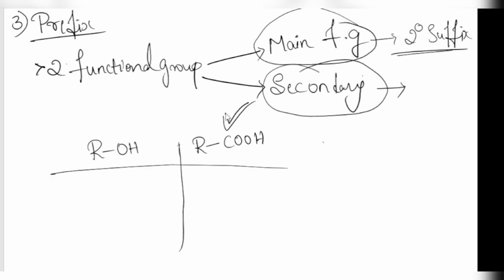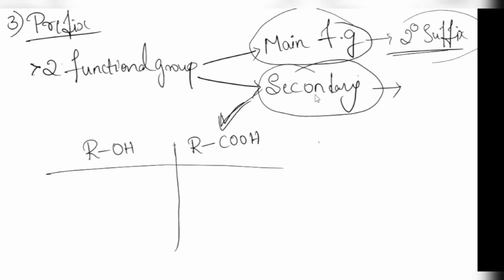We have to treat carboxylic acid as the main functional group, so we have to use a secondary suffix over here. What is the secondary suffix for acid? That is oic acid, or carboxylic acid also I can use. But in that same molecule, if we have another functional group, that is alcohol, we should use a prefix, that is for the secondary functional group.